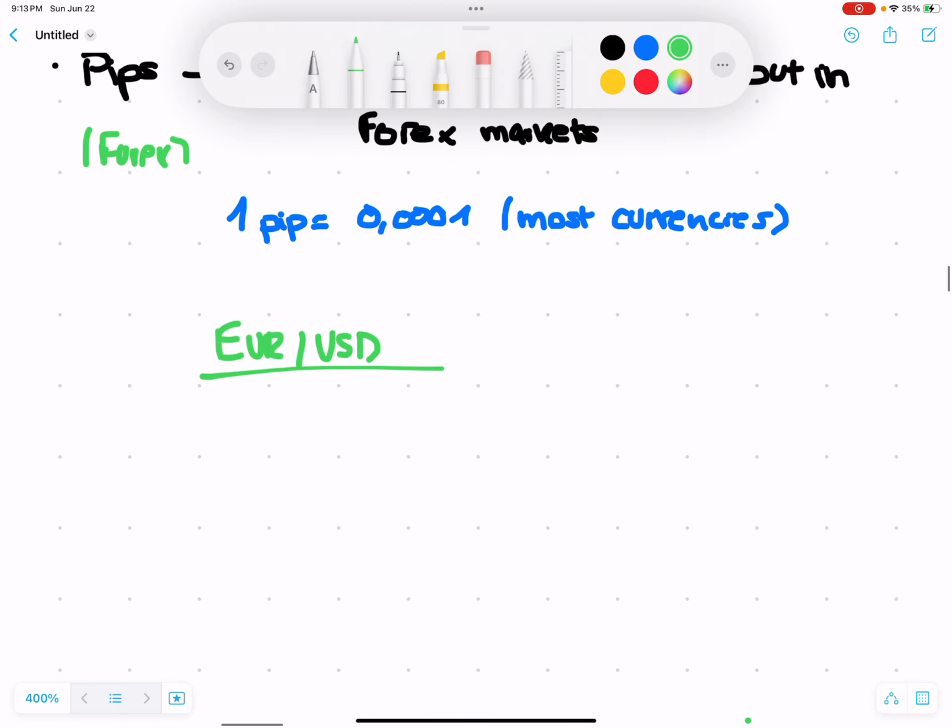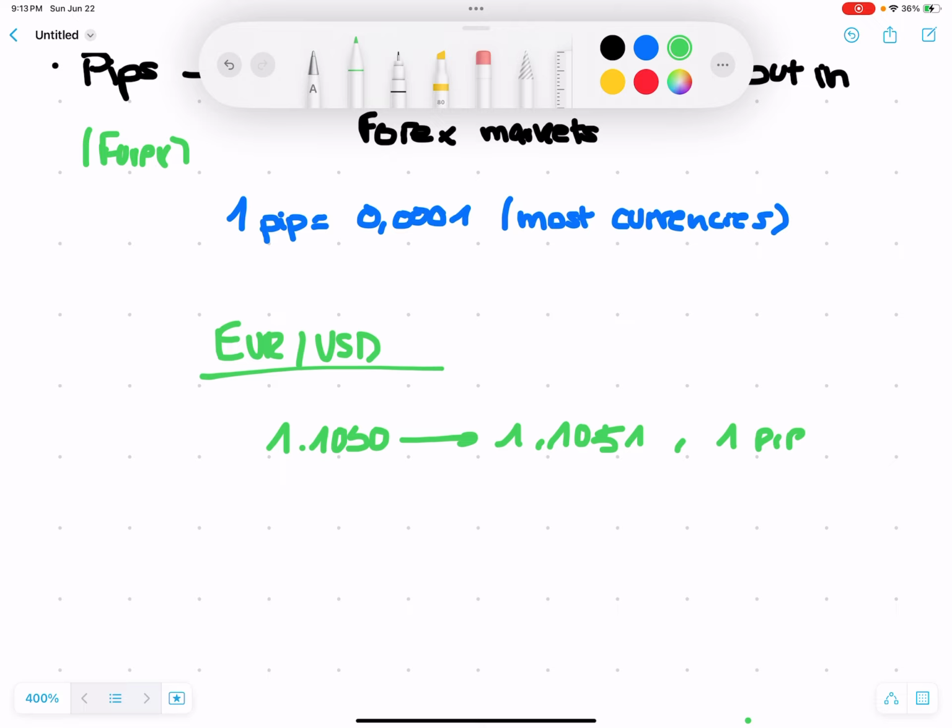If we look at a price, if the Euro USD moves from, let's say, 1.050 to 1.051, we will say in this case that this is one pip. So one pip is equal to 0.0001 in most currencies.